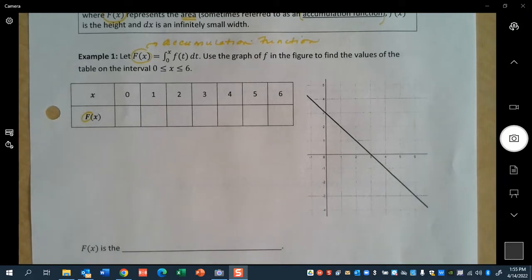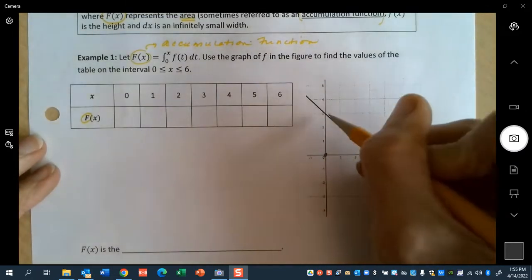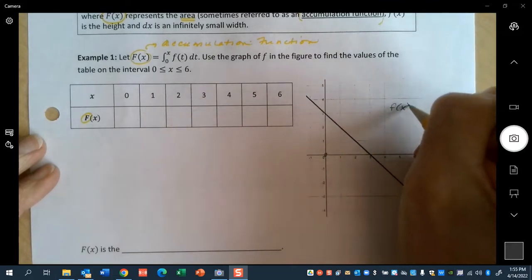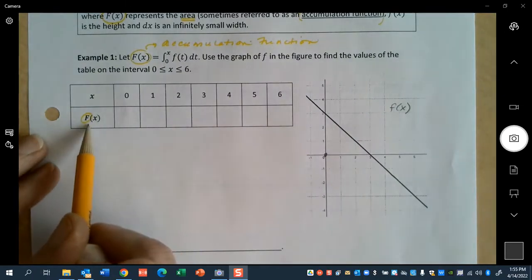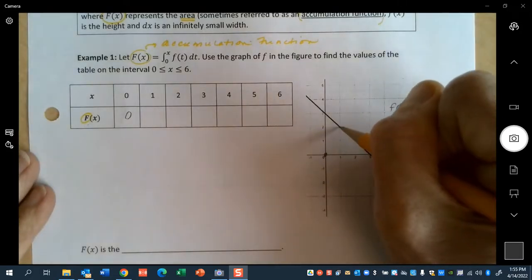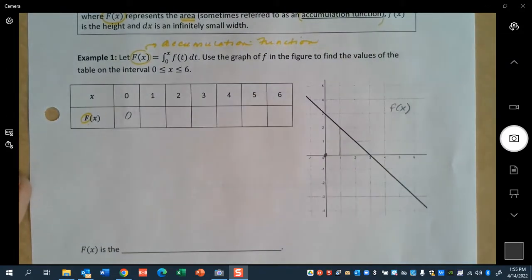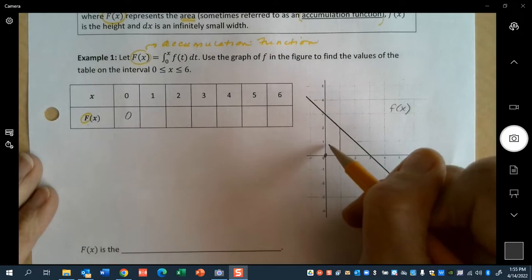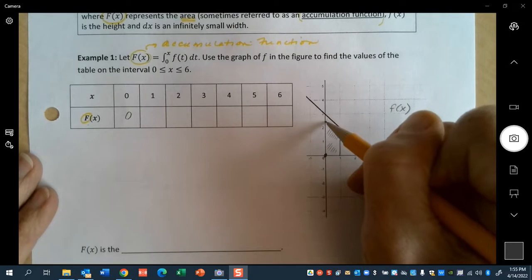So when I have an x value of 0, my f of x is 3, but my accumulation is 0. See if that makes sense to you. And here's why. At 1, I have covered an area of 2.5.